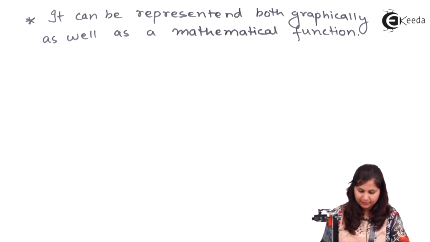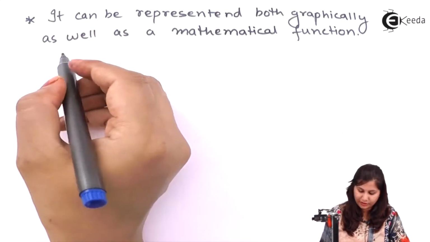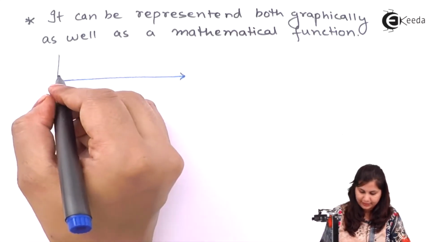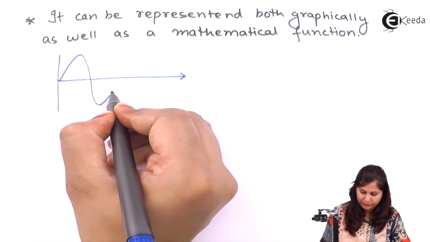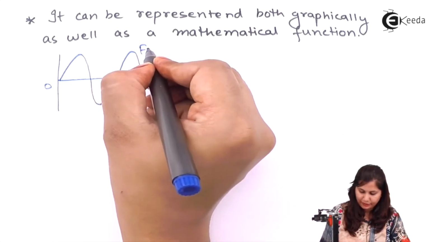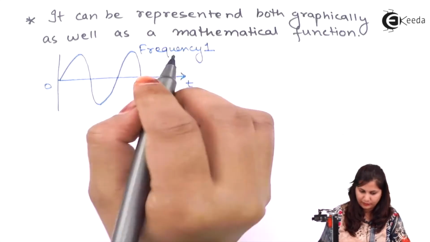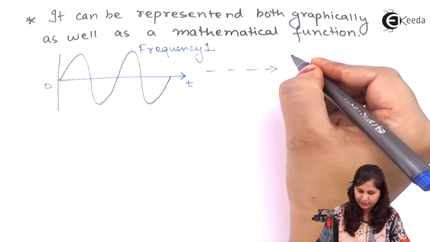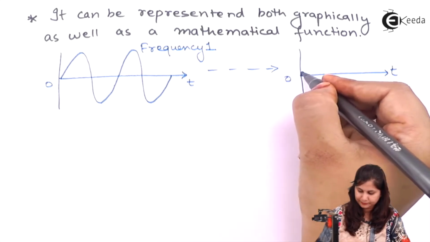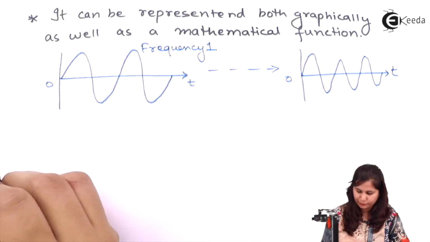So suppose we have an input, a sinusoidal function composed of various frequency components, and suppose this is a frequency component at the first frequency, and we are getting this output.